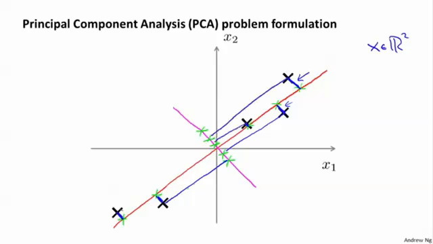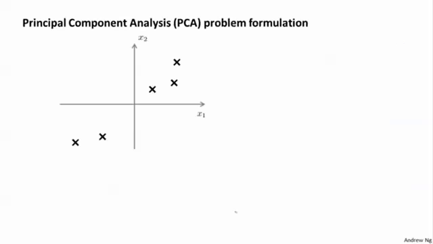So these points have to move a huge distance in order to get projected onto the magenta line. And so that's why PCA, Principal Components Analysis, would choose something like the red line rather than like the magenta line down here.